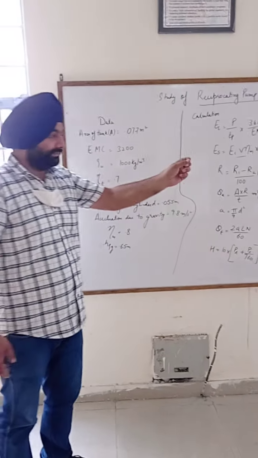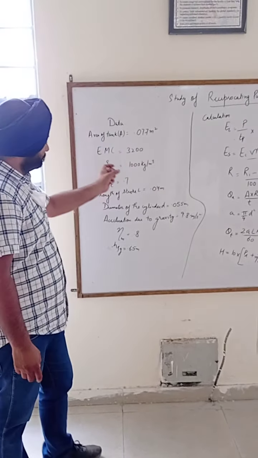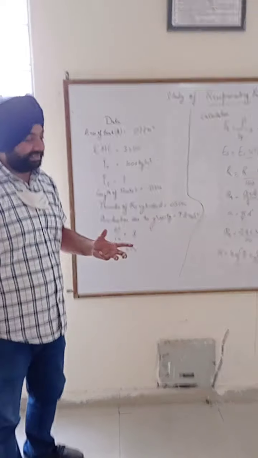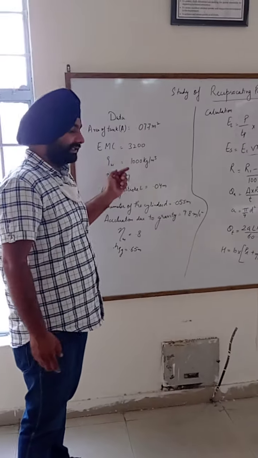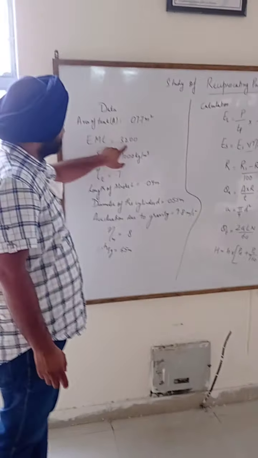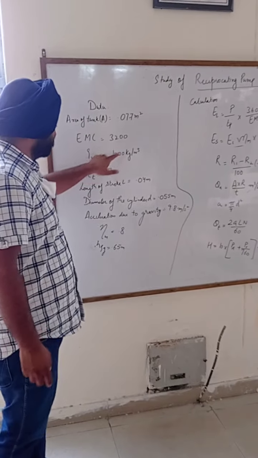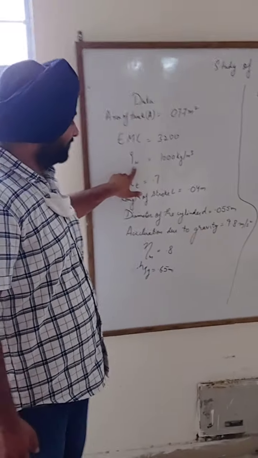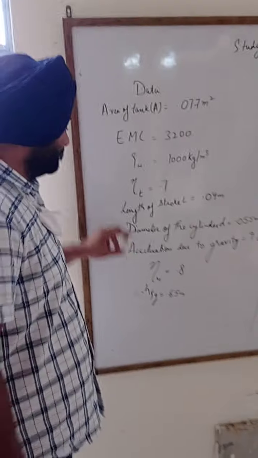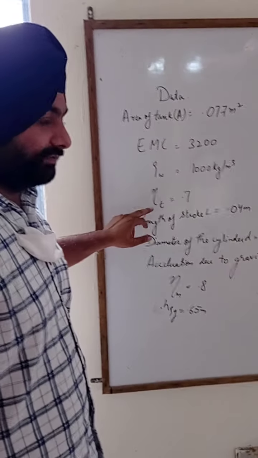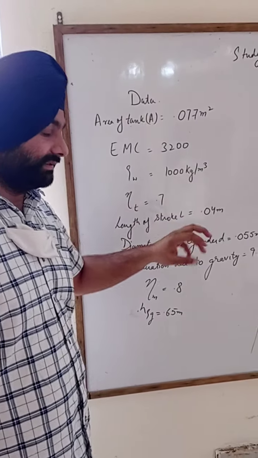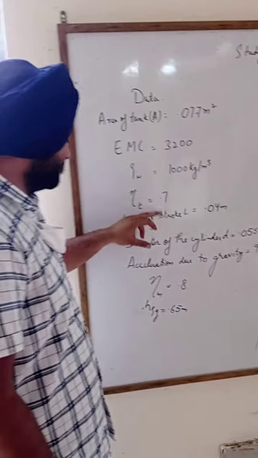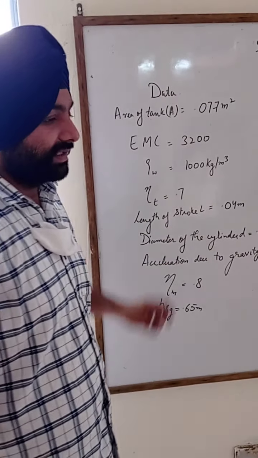The energy meter was used to measure how much electricity is being consumed. It has a constant of 3200. Rho W, the density of water, is 1000. The efficiency of transmission is 0.7.